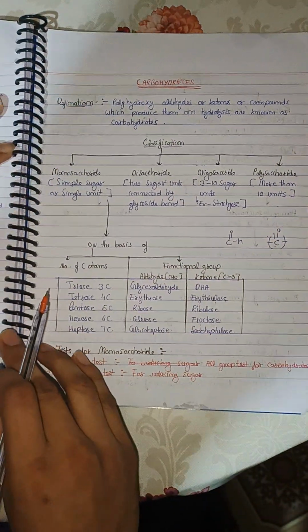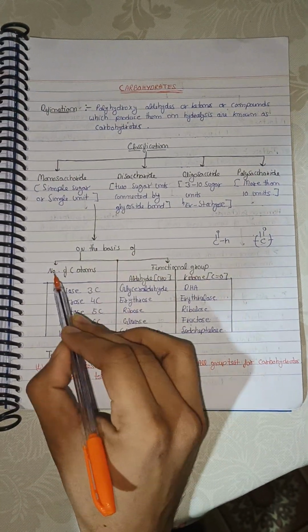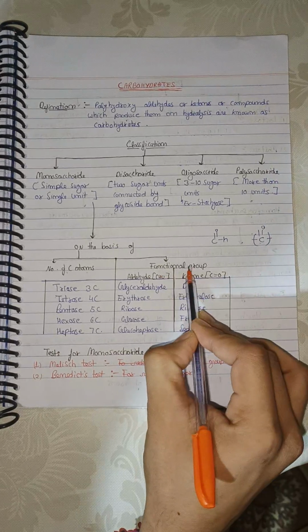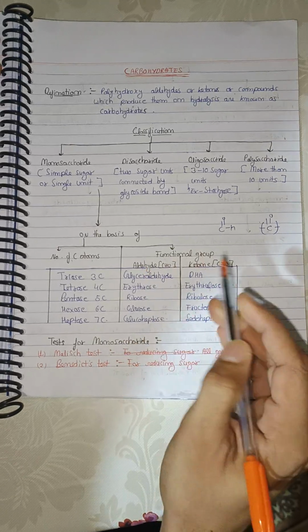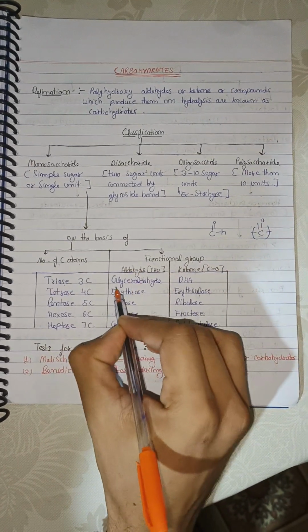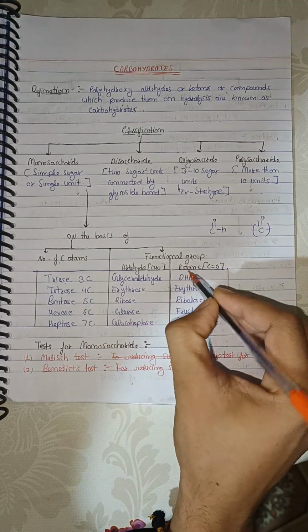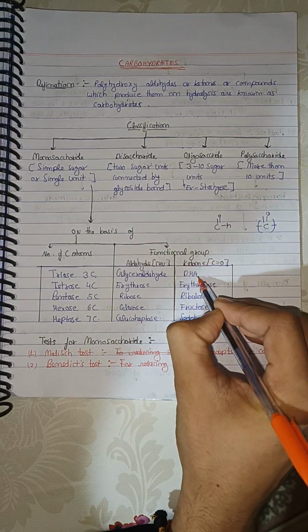If we describe more about monosaccharides, they are also divided on the basis of their number of carbon atoms and functional groups. The functional groups here are aldehyde and ketone. If the aldehyde has 3 carbons, it is known as glyceraldehyde. If the ketone has 3 carbons, it is called dihydroxyacetone.